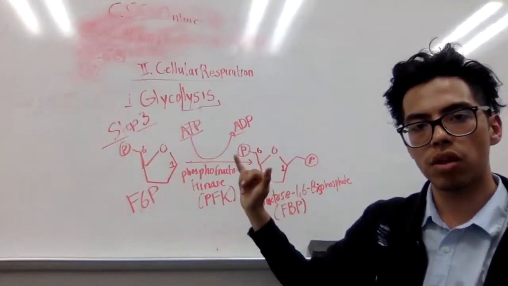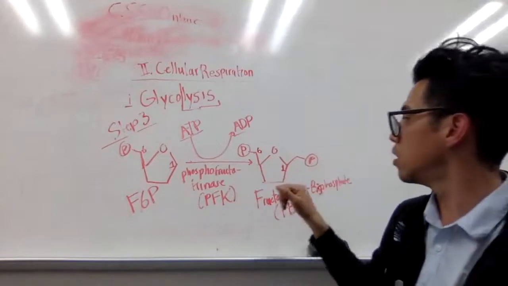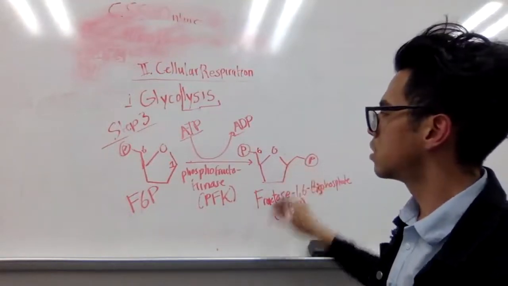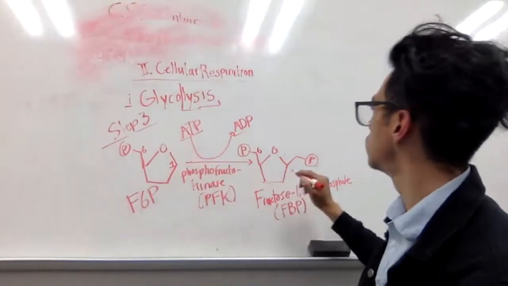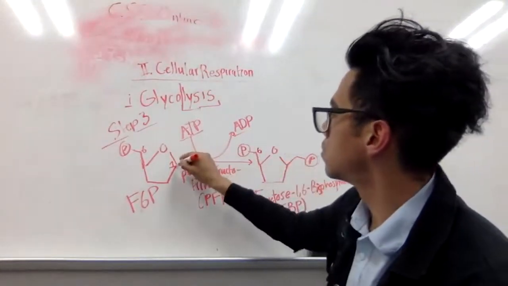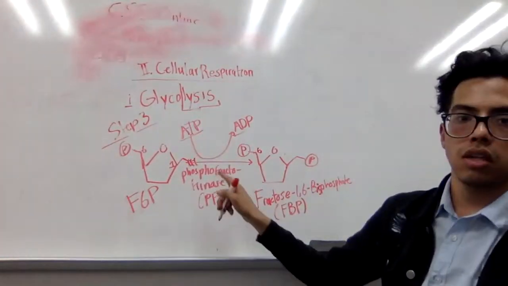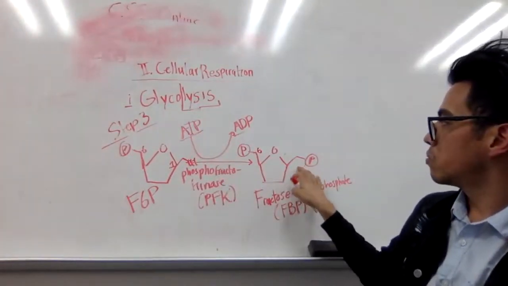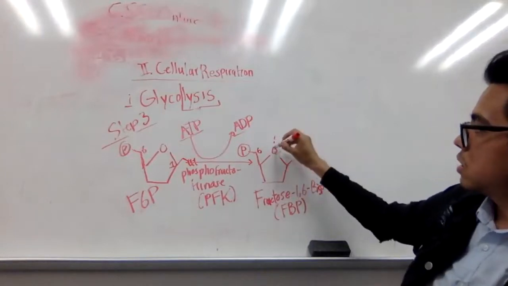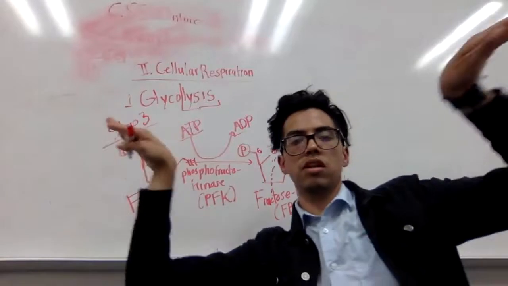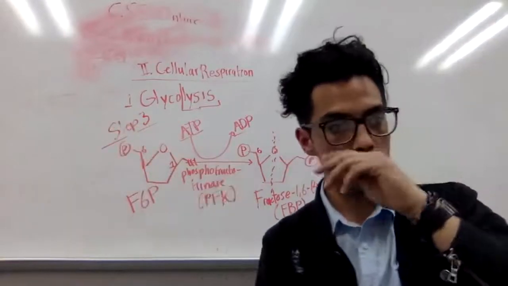It's going to have one phosphate on the 6 and one on the first carbon. I messed that up. No, there's also one right here. You're going to add a phosphate group to that side, and now you can kind of see that there's a symmetry going on between this molecule, right? There's 2 phosphate groups, one on each side, which is important for the next step.